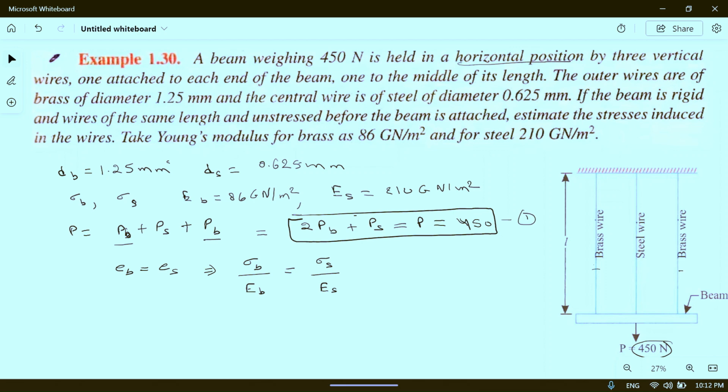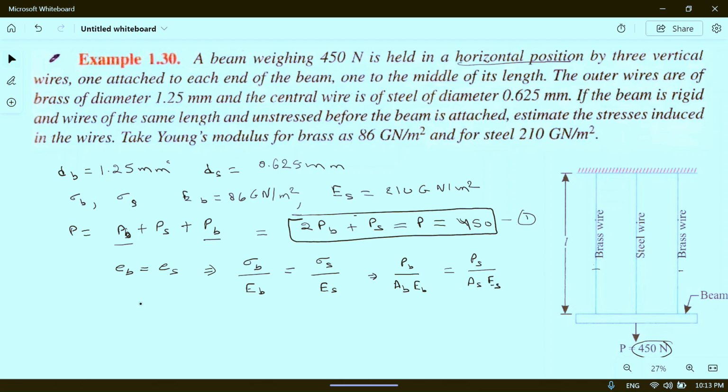Now stress is equal to load P upon A. So we have written the stress in the form of P brass upon A brass into E brass equal to P steel upon A steel into E steel.